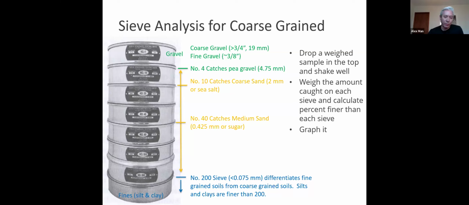You can take those sieves apart after you're done shaking them, and you weigh the amount caught on each sieve. That basically gives you a percentage that was caught on that sieve. From there, you can graph it. The very bottom one, the 200 sieve, differentiates fine grained soils from coarse grained soils. Silts and clays are both finer than 200. We have a different test for that, and we'll get to that in a minute.